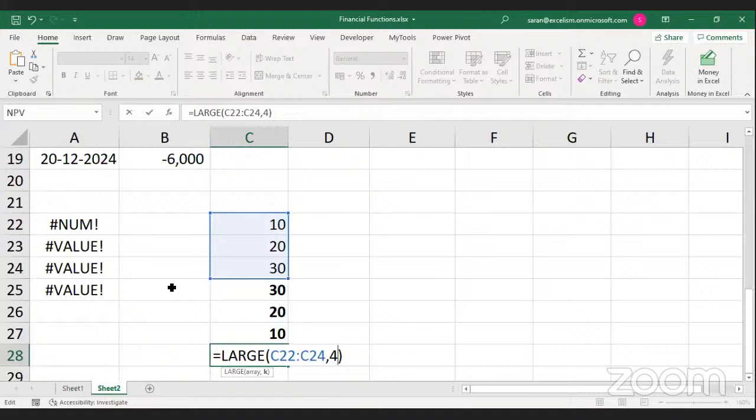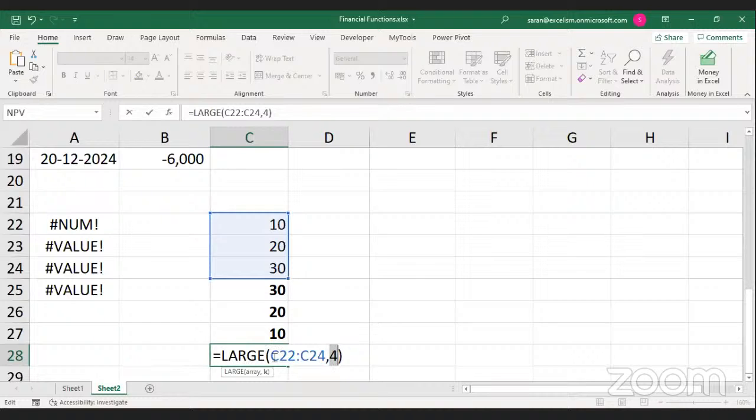It's not a value error, because this is a valid argument since it's an array, and this is also a valid argument because it's a constant. When both are valid, Excel cannot give you a value error. But num error is when the number you entered is out of range.